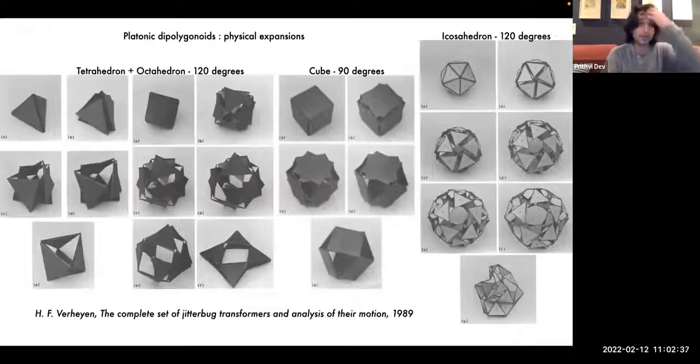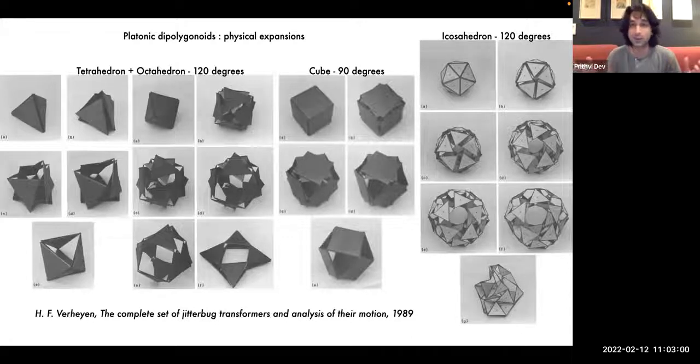So yeah, and then H.V. Hervane basically described and analyzed the motion of these structures, 1989, the complete set of Jitterbug transformers, an analysis of their motion. I was studying at RISD, and there's a Loeb collection there in the nature lab, and I got to see a couple of these structures there.